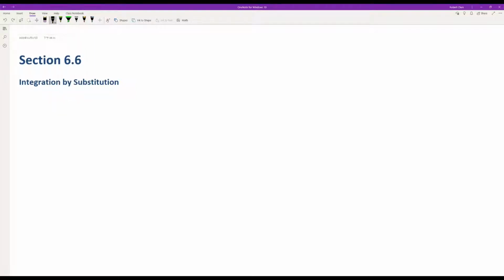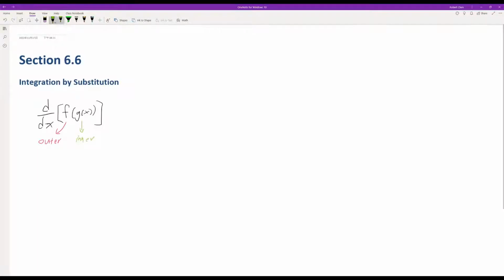Now before we get into the details of today's material, let's do a quick review of derivatives. Let's say I want to take the derivative of a composition of functions, that is f of g of x. We say that f is the outer function and g is the inner function.